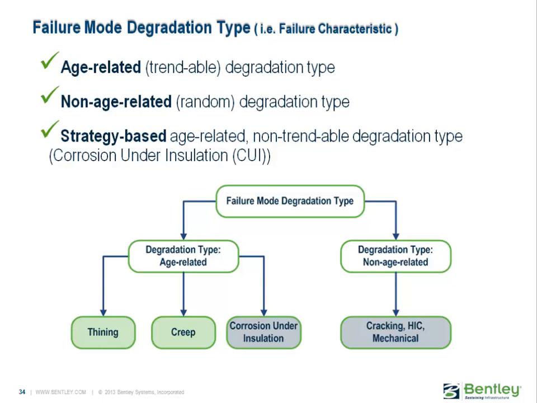Stress corrosion cracking can be a non-age-related degradation type. The only strategy-based degradation type in APM is corrosion under insulation. Strategy-based degradation types are age-related, but they are not easily trendable.